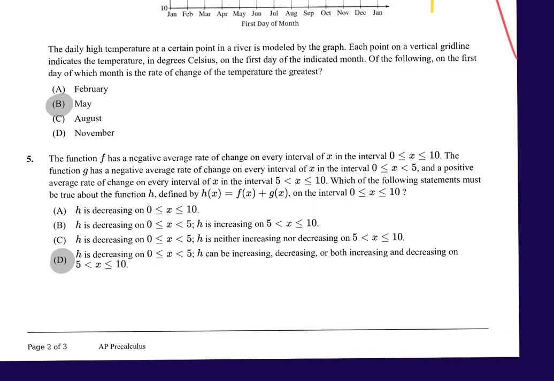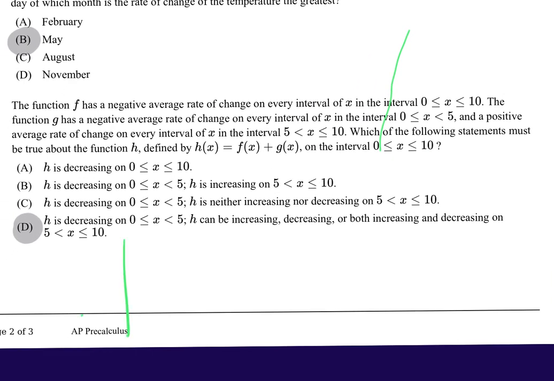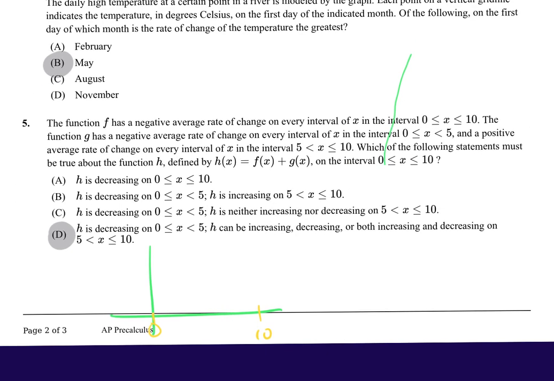Yeah. All right, 5 says a function f has a negative average rate of change on the interval of x from 0 to 10. So if I was to look at something from 0 to 10, what's it mean to have a negative average rate of change? It's concave down, okay?